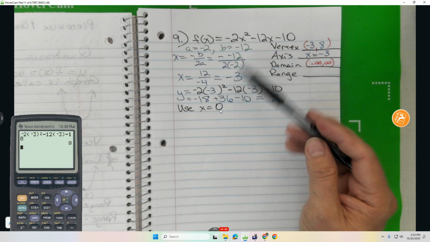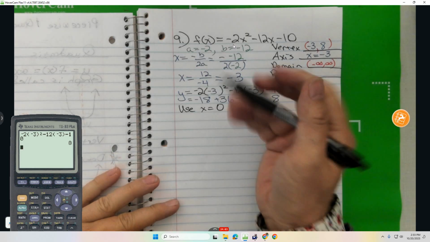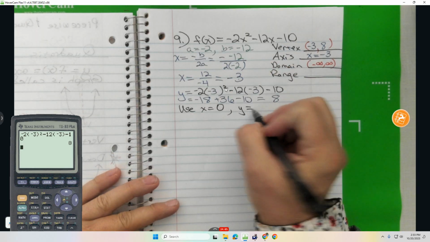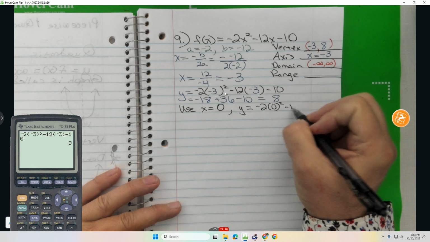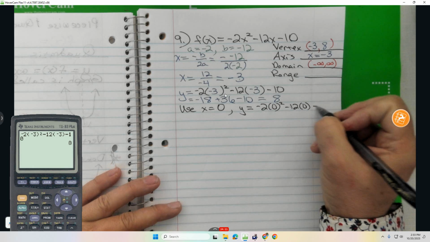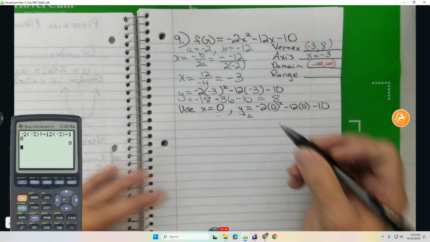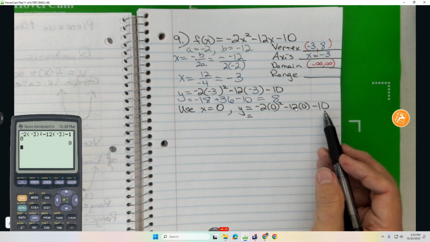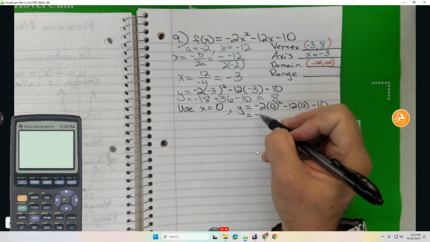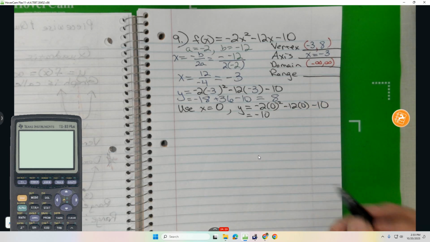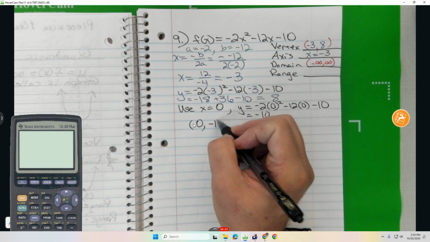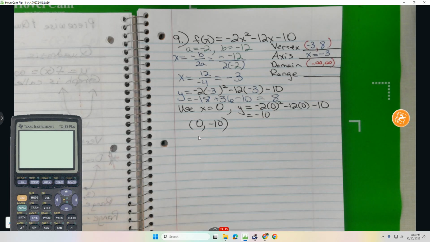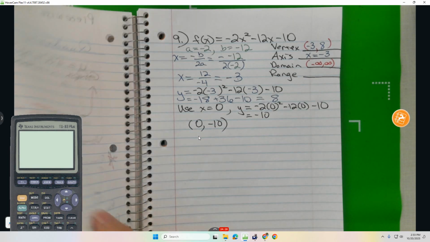Plug in 0 for x: y equals -2 times 0 squared minus 12 times 0 minus 10. That gives me a y value of -10. So we have the ordered pair 0, -10.